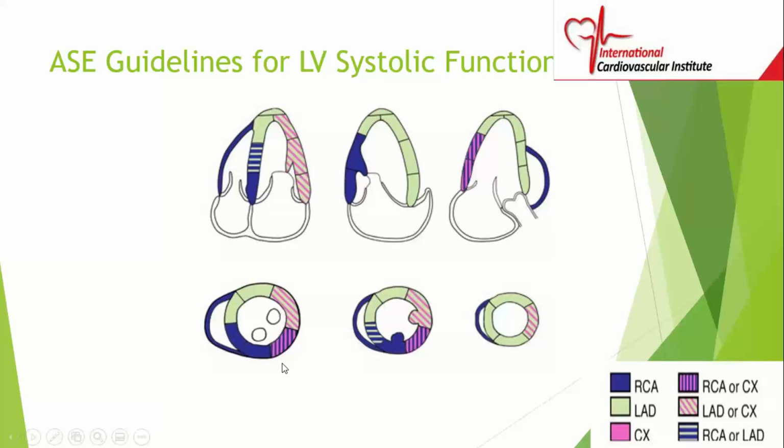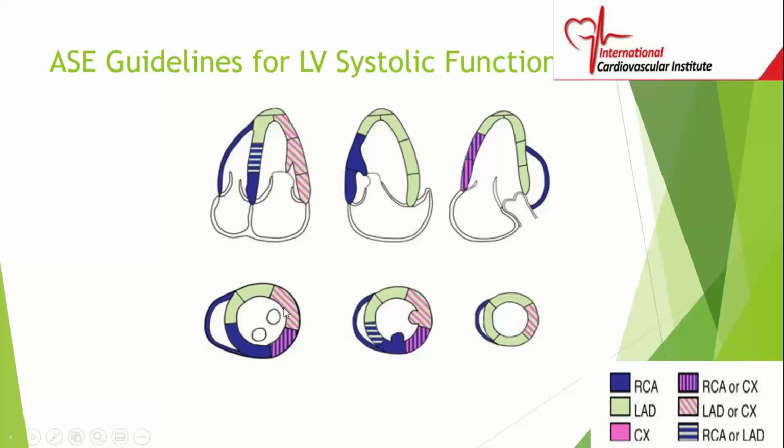And then in the short axis view, the anterior and the septum, this is at the basal level where you have the mitral valve. So the anterior and the septum, the LAD, and then the apical lateral wall and the inferior.